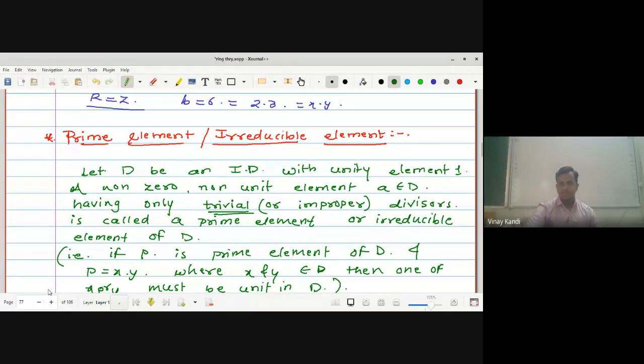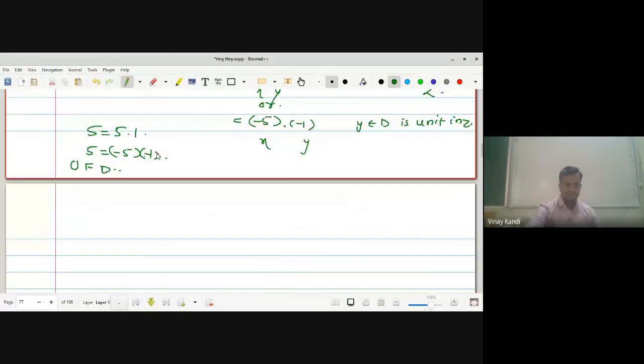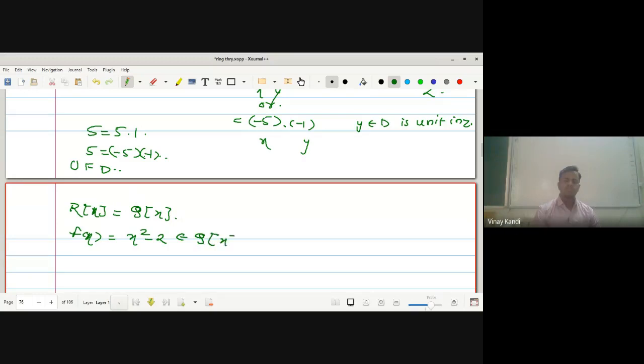Okay, what will the prime elements be in R of X? Suppose the ring of polynomials, whatever irreducible polynomials are in it, they will all be prime elements. For example, take R of X, let's suppose you have Q of X. Now take f of x, x square minus 2, which belongs to this Q of X. Now this x square minus 2 is equal to x minus root 2 times x plus root 2.